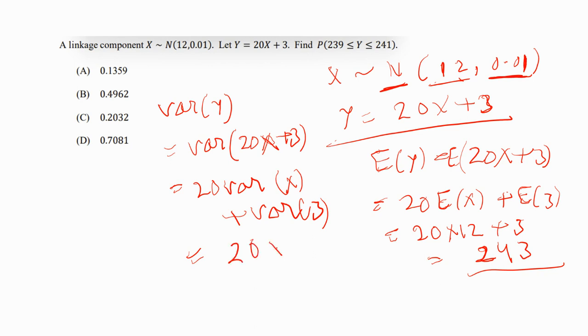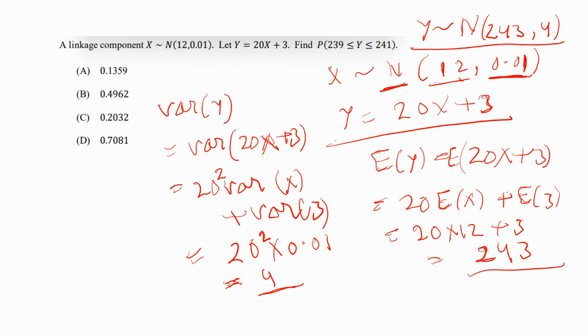So it will be 20 times 0.01, sorry, 20 squared, because for the variance it is a square. So it will be 400 times 0.01, which is 4. Okay, so the variance of y is 4. So y follows a normal distribution 243 comma 4.